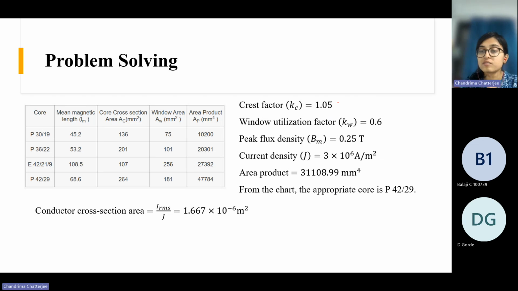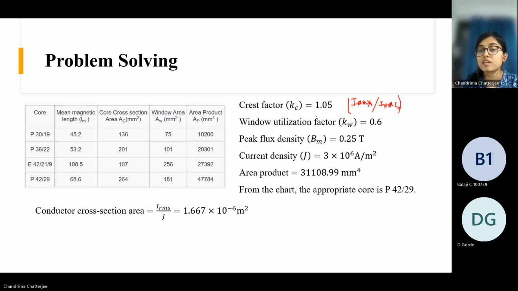Crest factor is basically I max by I RMS. I max we found out and I RMS here is same as the I average, so that would be 5.25 by 5, so that is 1.05.